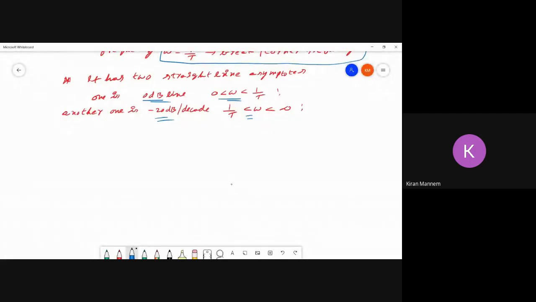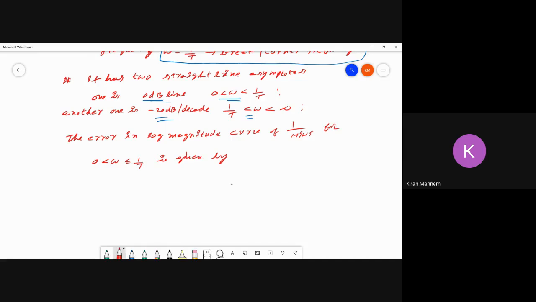The error in the log magnitude curve of 1 by 1 plus j omega t for 0 less than omega less than or equal to 1 by t is given by, how do you find it? Original value minus approximated value.